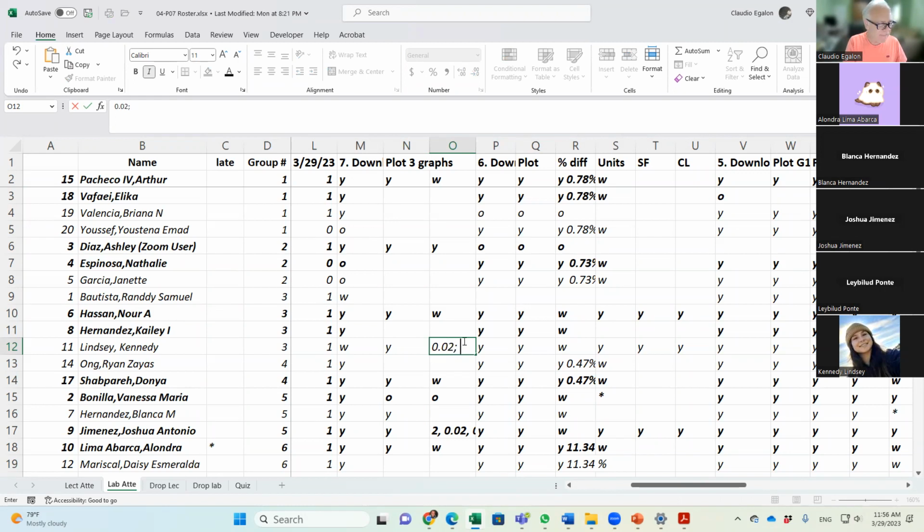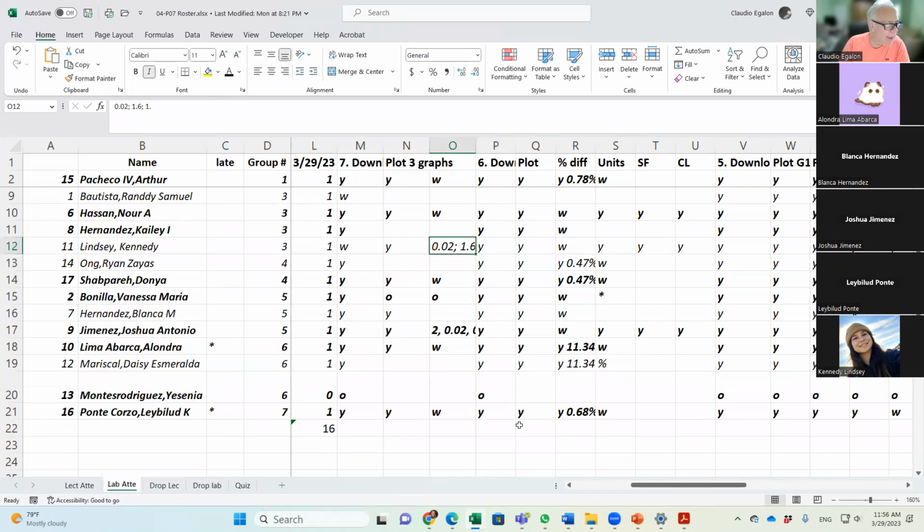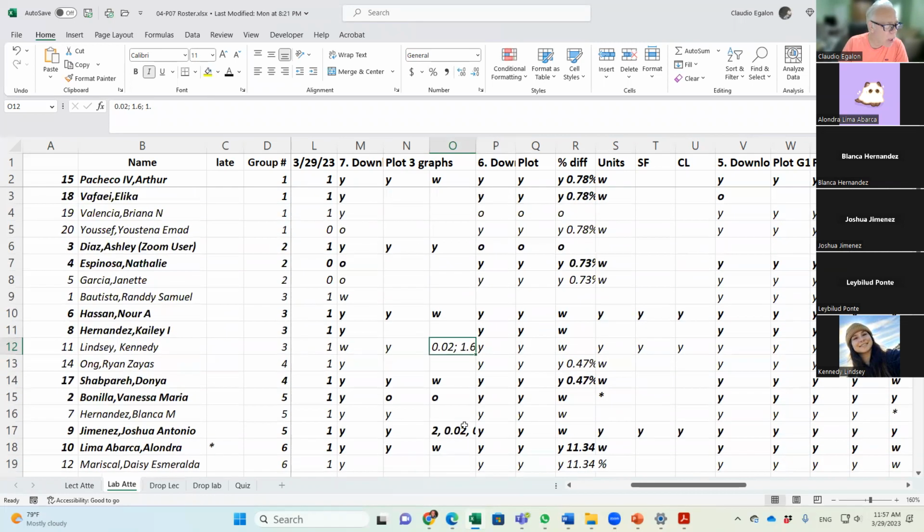V2 is 1.6460. And the other? V total is 1.3282. Okay, so everything is less than 5%. You're in good shape there. That doesn't look like you have anything wrong. And anybody else? 4 more minutes to go.